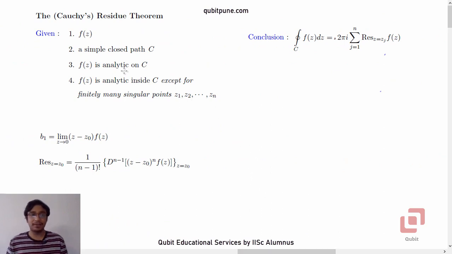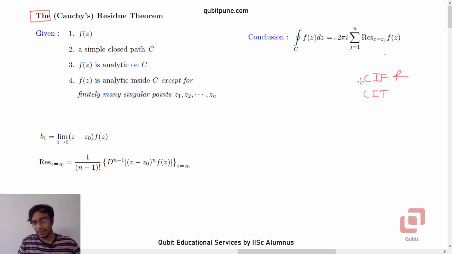Okay, now this is the theorem, meaning you can solve all problems which we solved by the Cauchy's integral formula and the integral theorem, which we called the Cauchy's integral formula and Cauchy's integral theorem respectively.